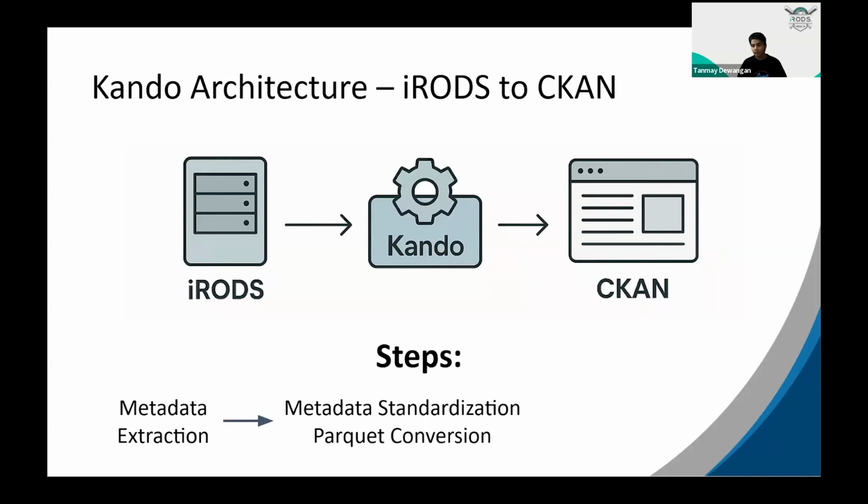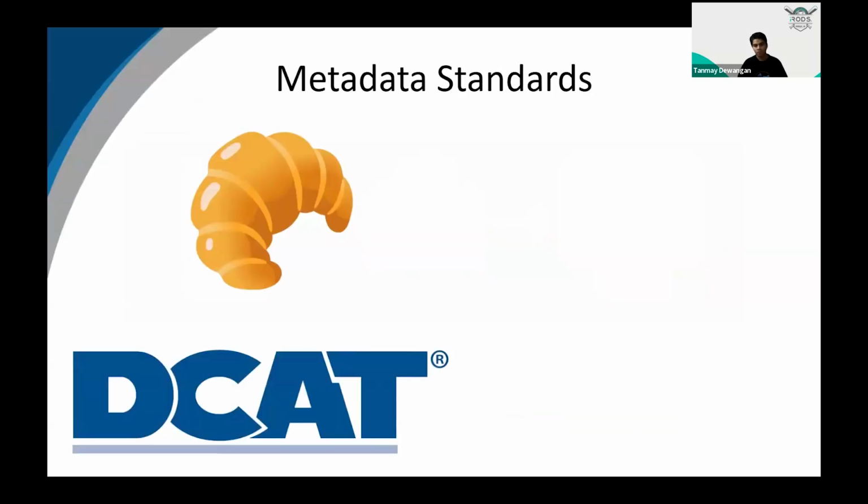Furthermore, Kando was able to convert large CSV files into Parquet files to improve storage efficiency. And finally, Kando creates CKAN datasets that link to the original files in iRODS, where there's no file duplication required. This brings iRODS collections into a FAIR-aligned, web-accessible CKAN data commons.